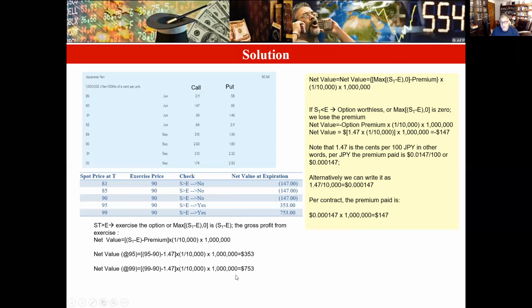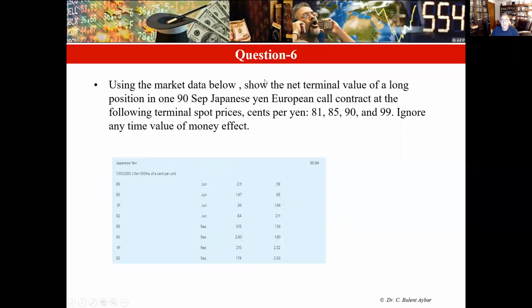So this is the case for the June contract. The next question is asking the same thing. The only difference is that this time we're going to consider the September call contract. So everything is the same. This time we are going to use the Japanese yen 90 September contract.